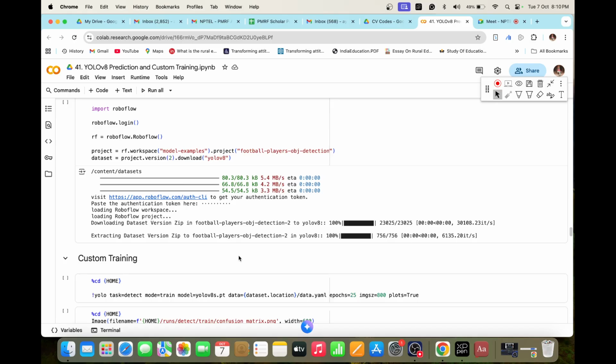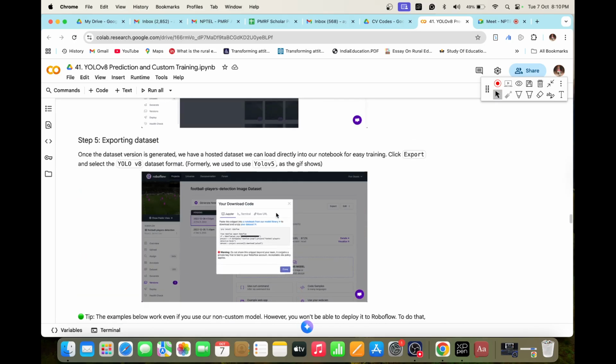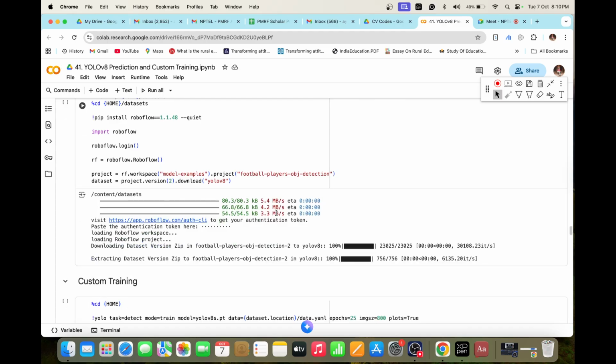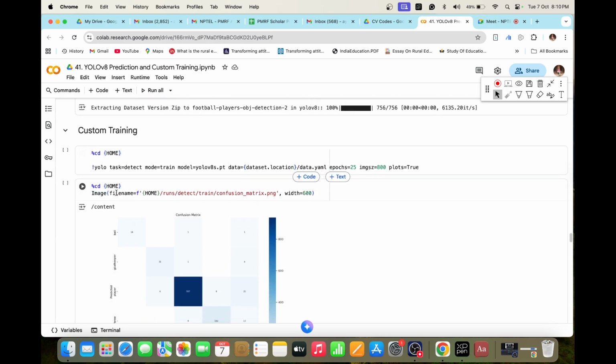Whenever we apply transfer learning, we take the pre-trained weights, and then from our own data set, the football player object detection data set, we do the custom training.